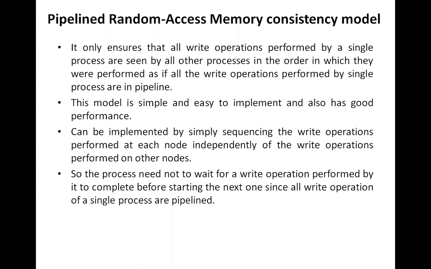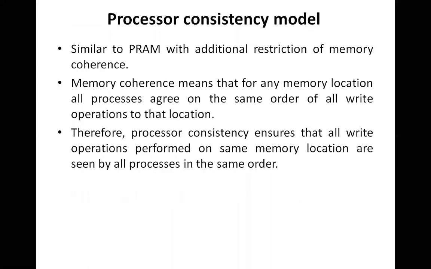So the next one is the processor consistency model. This processor consistency model was proposed after the pipeline random access memory consistency model. It seems to be similar to the last one, but with an additional restriction imposed as far as memory coherence is concerned.